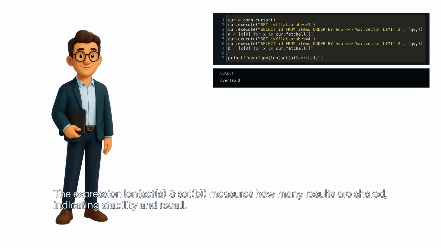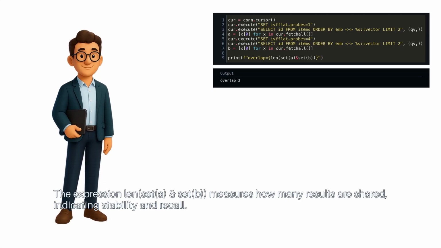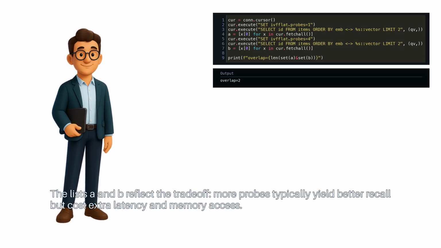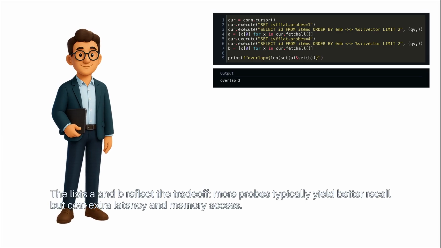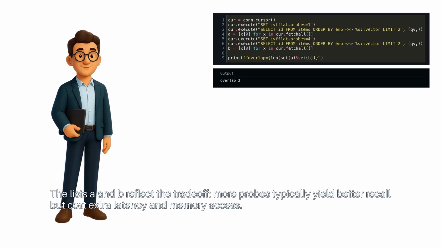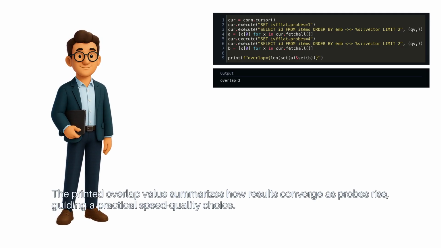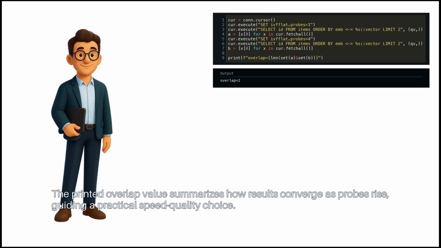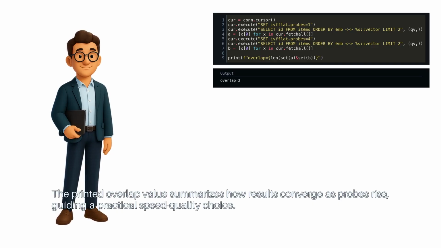The expression len(set(a) & set(b)) measures how many results are shared, indicating stability and recall. The lists a and b reflect the trade-off. More probes typically yield better recall, but cost extra latency and memory access. The printed overlap value summarizes how results converge as probes rise, guiding a practical speed-quality choice.